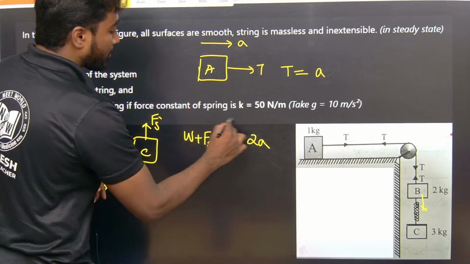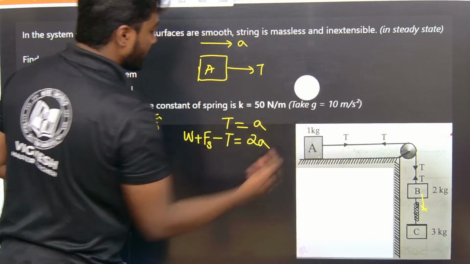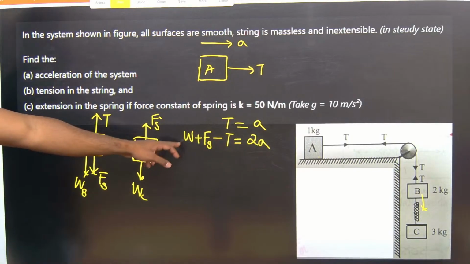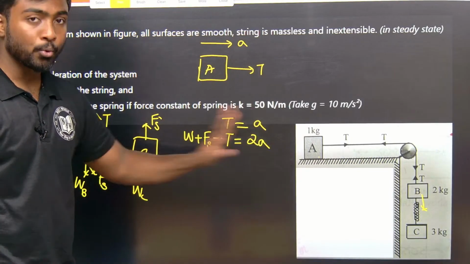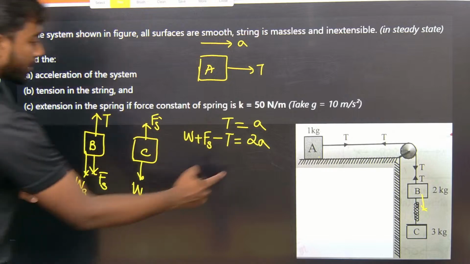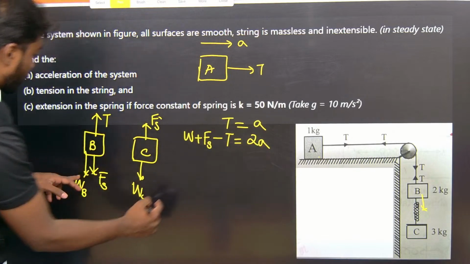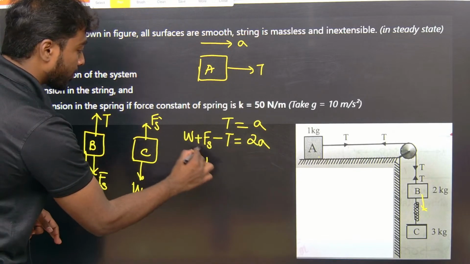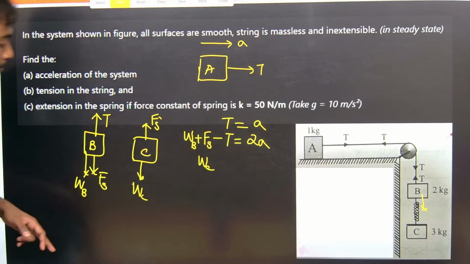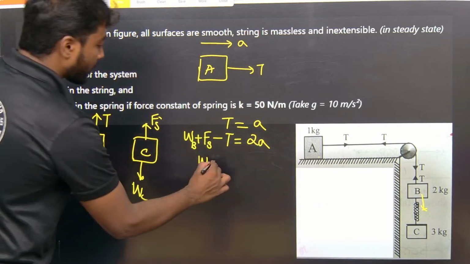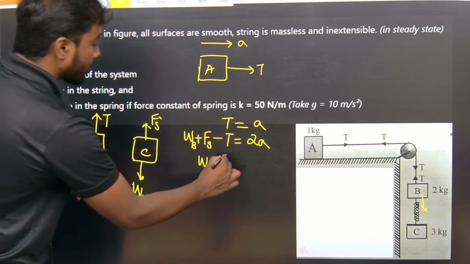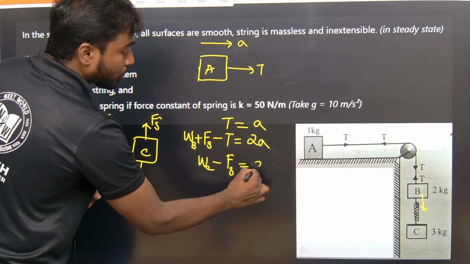Equation number 1 is T equals a. Equation number 2 is weight plus spring force minus tension equals 2a. And equation 3, weight is downwards. This is WB, this is WC. Weight is downwards and the spring force is in the opposite direction. So Fs equals 3a.